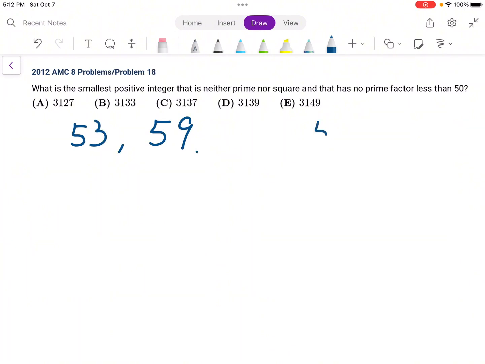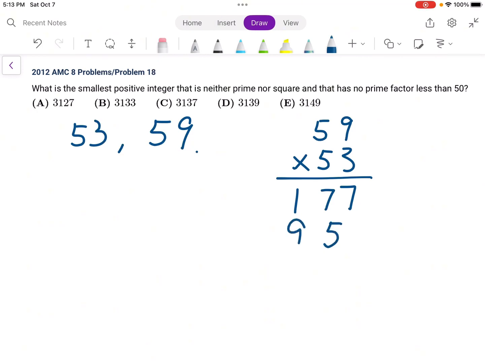We multiply 59 by 53, and that gives us 5 multiplied by 9 equals 45. So that's 7, 2 here, and 1. So that's 3,127, and this is answer A.